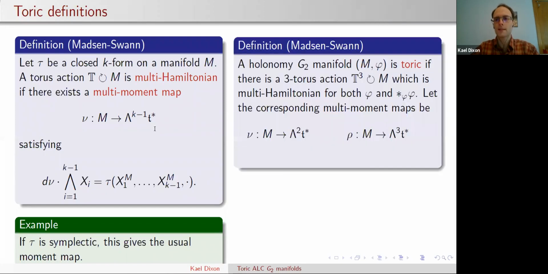Okay. And Madsen and Swann also apply this definition to the G2 setting. So they determine that the best notion of toric for a G2 manifold is when you have a three-dimensional torus acting, which is multi-Hamiltonian with respect to both of these closed forms that you have, the three-form and its Hodge dual. And then you get these two multi-moment maps like this.